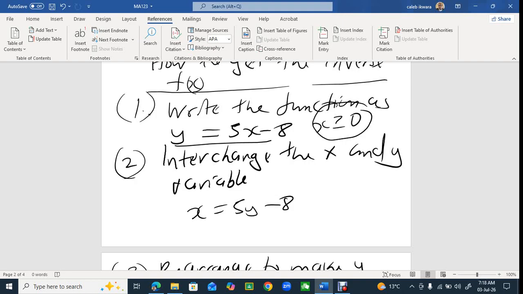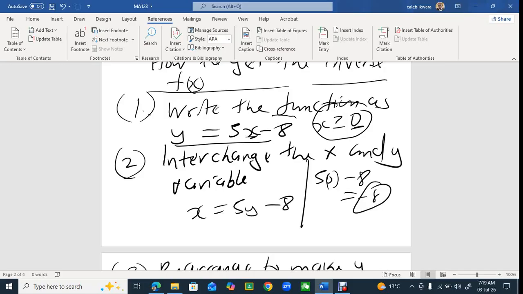It means this is the domain of the function f of x. So 0 is the domain. To get the range of the function, we substitute 0 for x, and we have 5 multiplied by 0, then minus 8. So in this case, our range is negative 8.